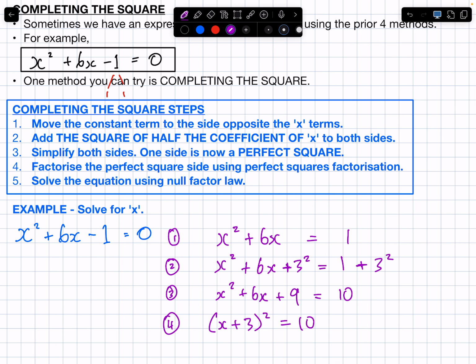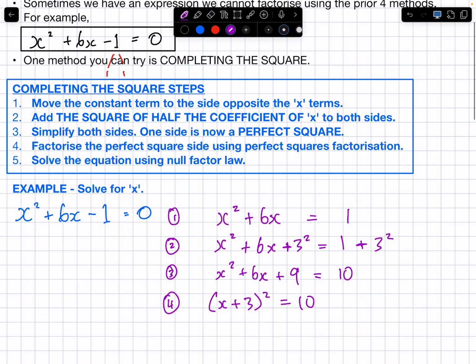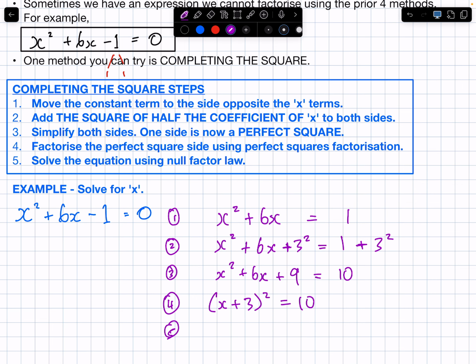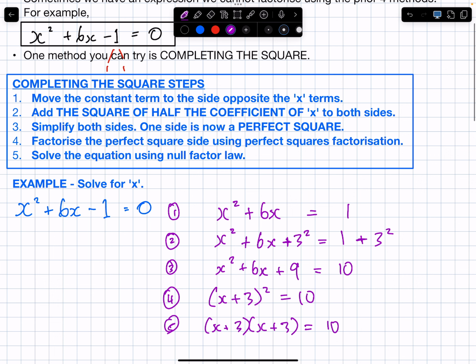And then let's call back to your previous lesson. You practiced null factor law. Null factor law tells me that if I've got two things multiplying, to equal something, what is the opposite of squaring something?